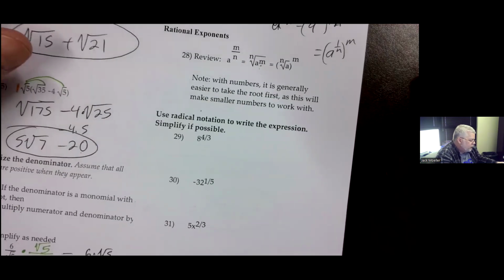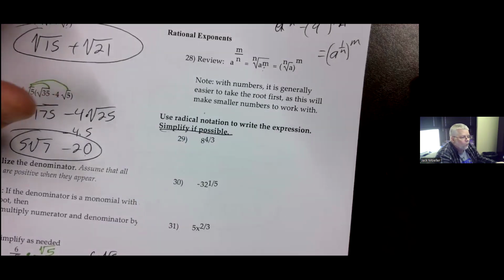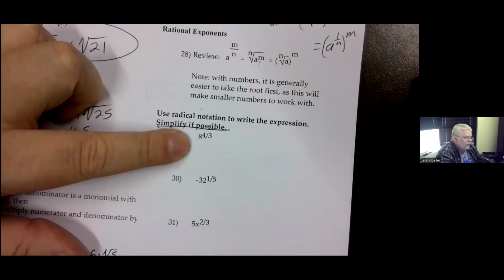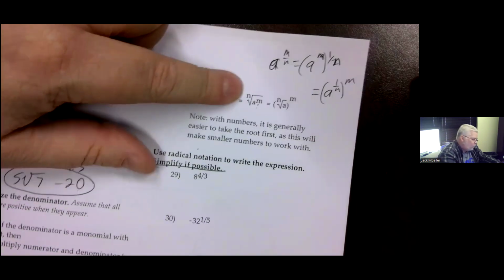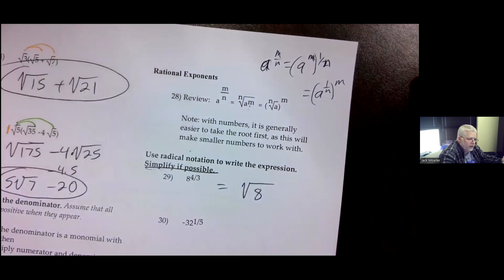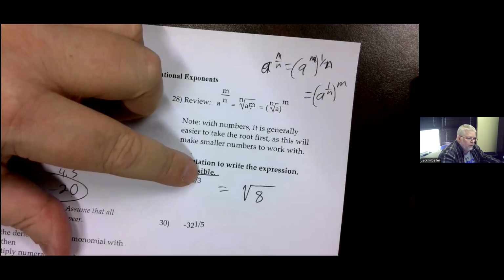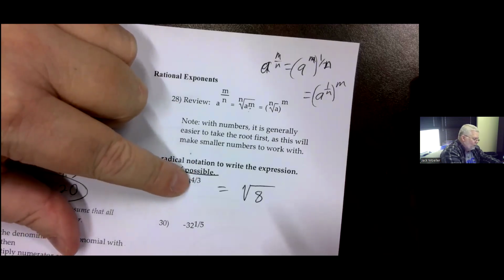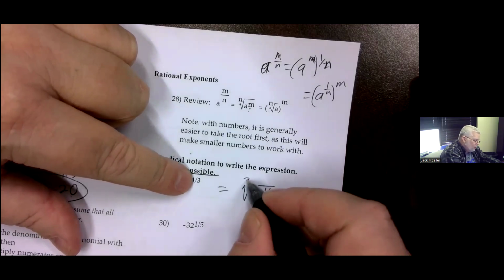So use the radical notation to write the expression, and here it is, simplify if possible. So when you have 8 to the 4/3 power, how would we write that with a radical? Eight is the number on the inside. And so where does the 4 go? Where does the 3 go? Well, the 4 is the inside exponent, and the denominator is the radical.